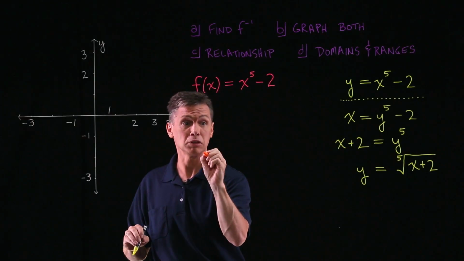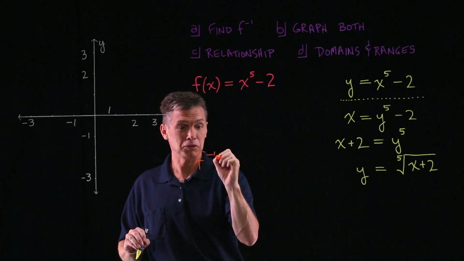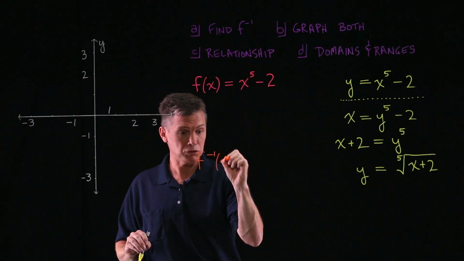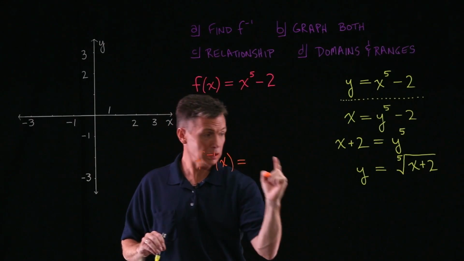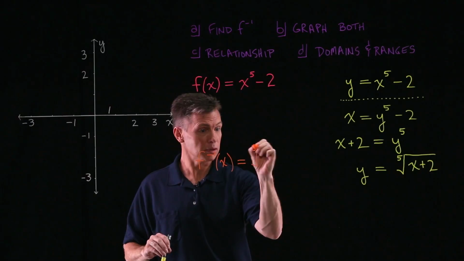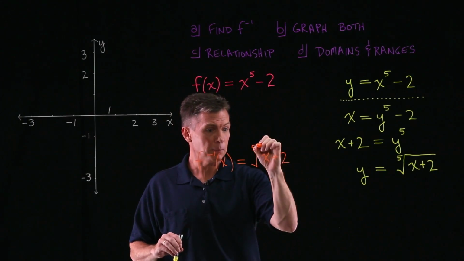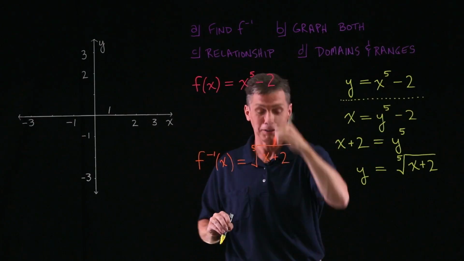So I have an answer, and I'll leave a little bit of space for some more work that we have to do yet. But I have an answer for f inverse. It equals the fifth root of x plus 2. Okay? All right, part A, done.